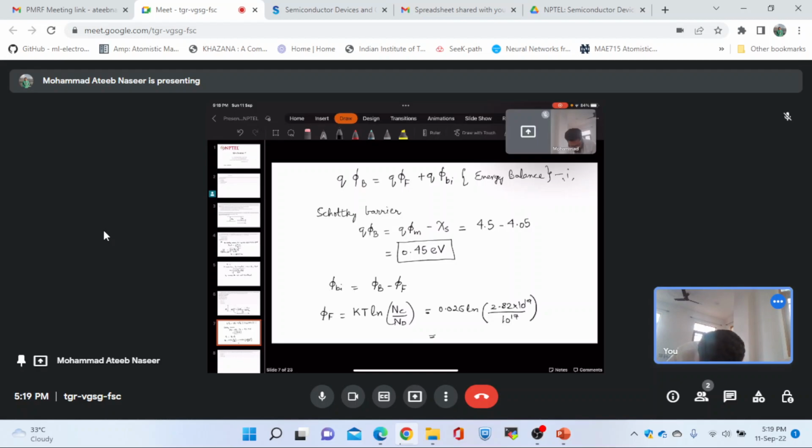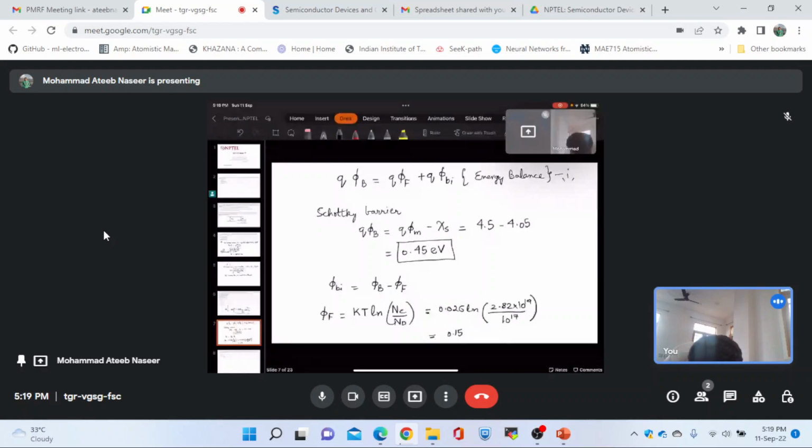Now if I have to find the built-in potential, it will simply be the subtraction of the barrier height and this potential. This will simply be 0.45, which came out to be the barrier height, minus this 0.15, and this is 0.3 simply.